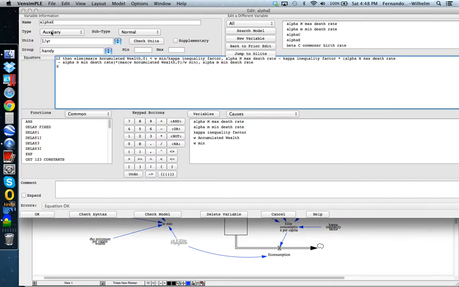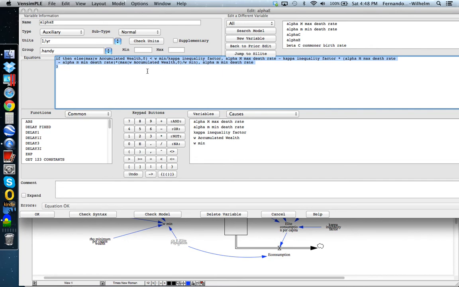It's this auxiliary variable. It's got units of 1 per year, and this here is an if statement. So this is basically saying, if the accumulated wealth is less than the minimum divided by the inequality factor, then you get alpha m minus kappa times the alpha m minus the alpha m min times the wealth.